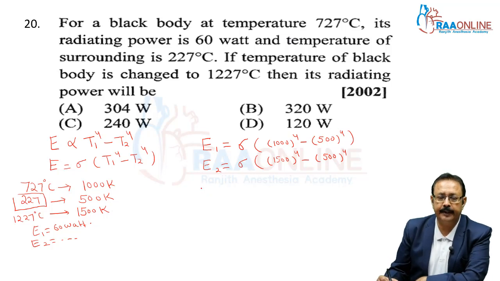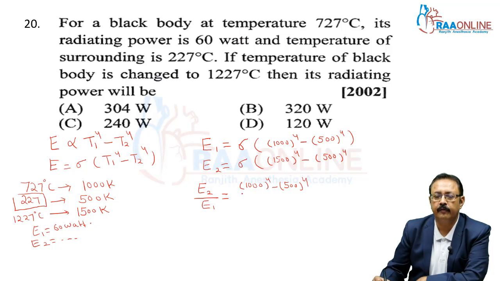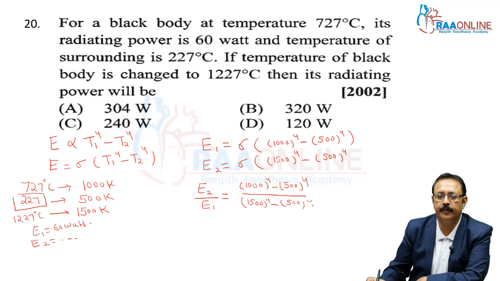We want to calculate E2, so divide E2 by E1. See what we are going to get. E2 by E1 means 1000 raised to the power 4 minus 500 raised to the power 4, divided by 1500 raised to the power 4 minus 500 raised to the power 4.